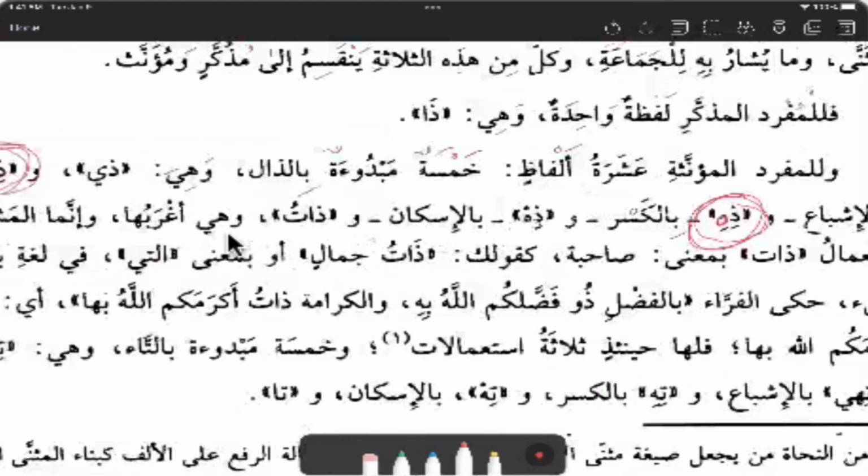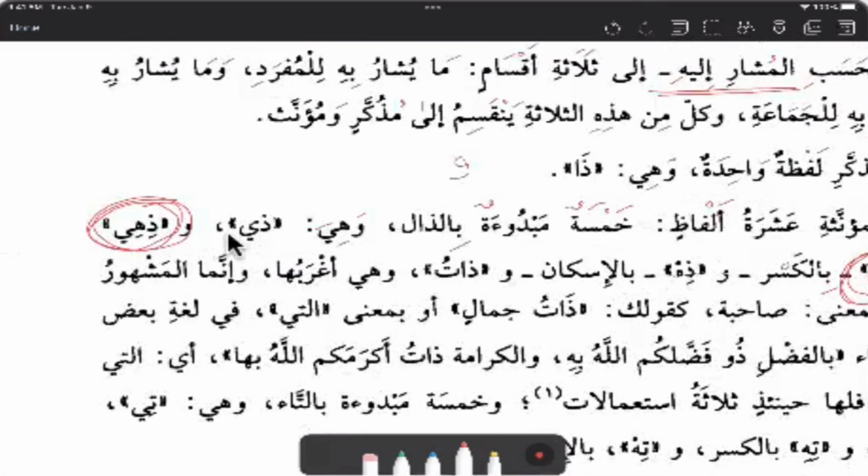And other cases too. You'd say, for example, fa'altum, you did. That's masculine plural, addressee, antum. So what if you want to add the object, it?